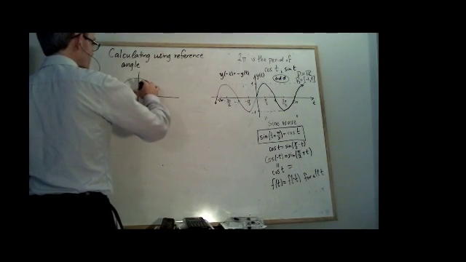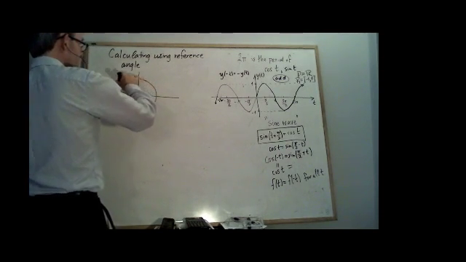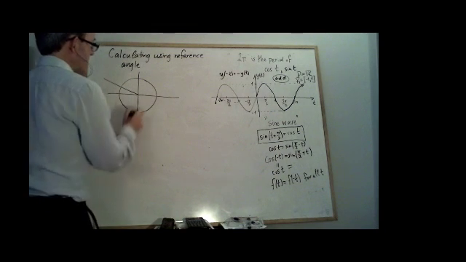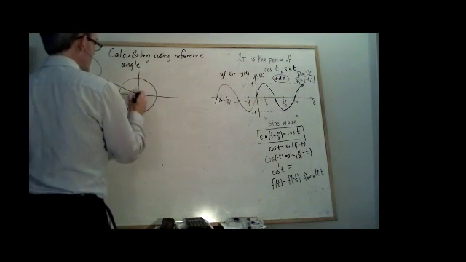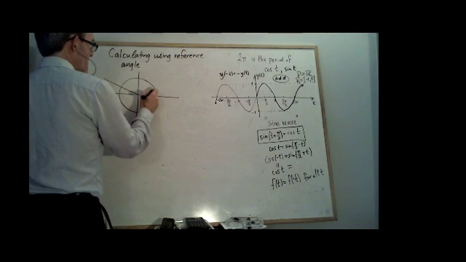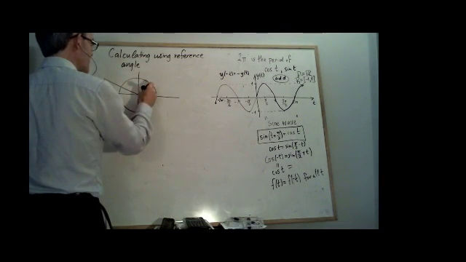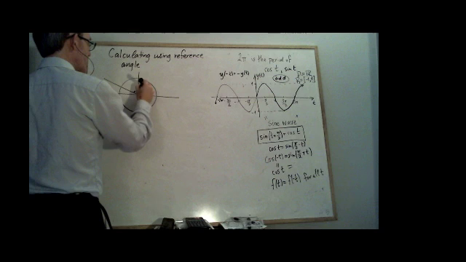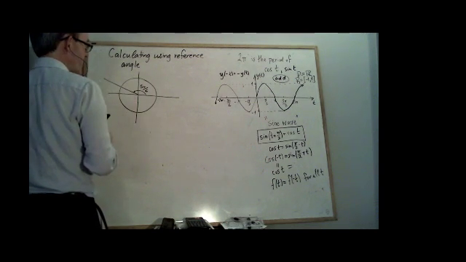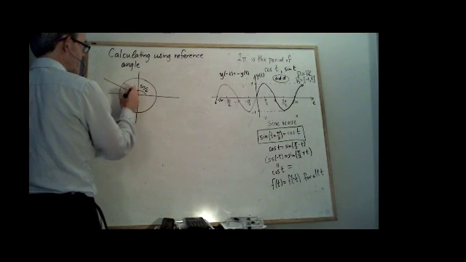So suppose you have an angle out here like this. Let's say this is the angle 5 pi over 6, so we're measuring the angle in radians.